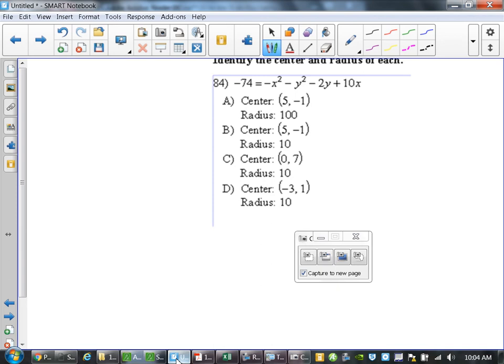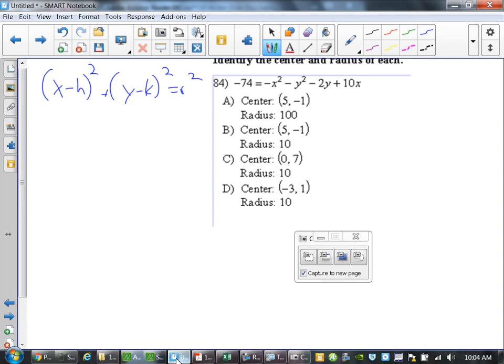So it's telling us that we have to identify the center and the radius, so we have to get into that generic format. Remember, the generic format for these is x minus h quantity squared plus y minus k quantity squared equals r squared. To make my life easier, I'll put all the variable stuff on the other side.